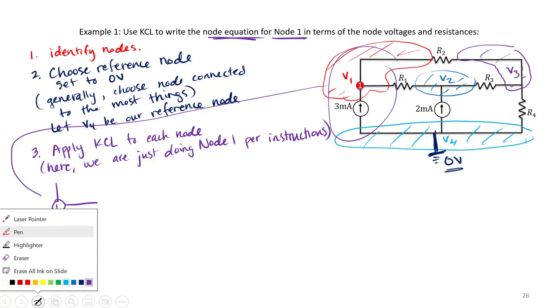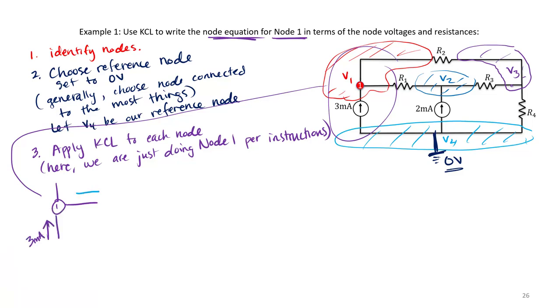I don't know how the other currents are flowing, but I'm just going to go ahead and start labeling currents. So notice I'm going to let I1 be the current from V1 to V2, and let I2 be the current from V1 to V3.